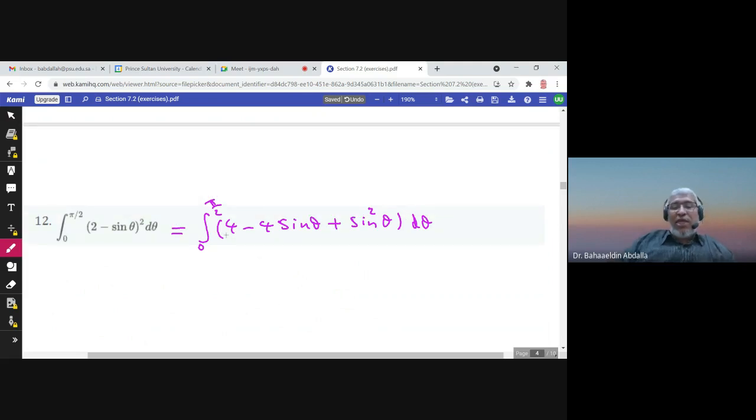Well, I can integrate 4 sine theta, but sine square, I have to write it as 1 minus cosine 2 theta over 2, or 1 over 2 minus half cosine 2 theta. But there is a 4 here.